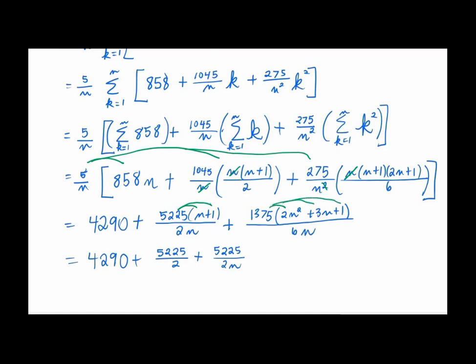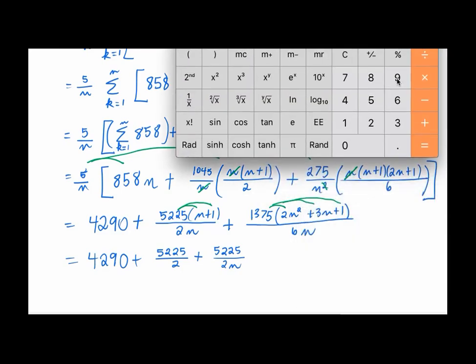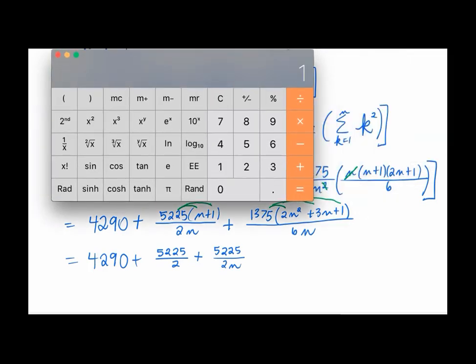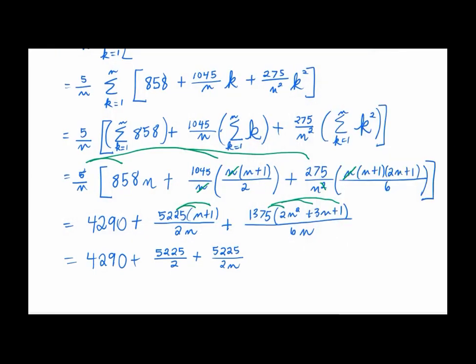Okay, then over here, do the same thing. So 1375 times 2 is 2750, and that's going to be times n squared over 6n.